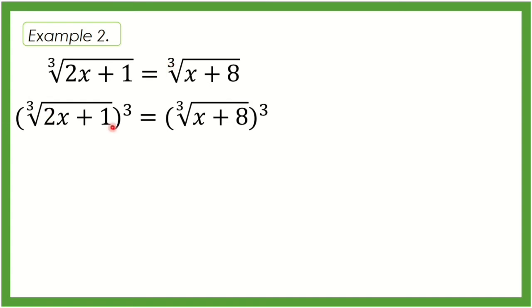We have now the cube root of 2x plus 1 equals the cube root of x plus 8. Simplify natin. Mawawala na yung ating index tsaka exponent. Ang maiiwan na lang yung mga bases natin. 2x plus 1 equals x plus 8.